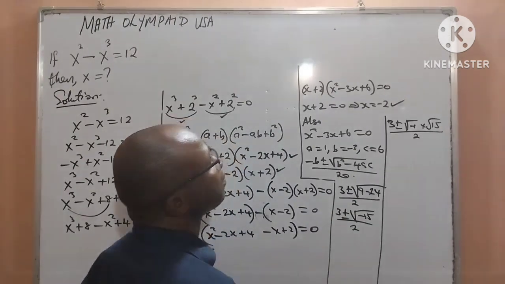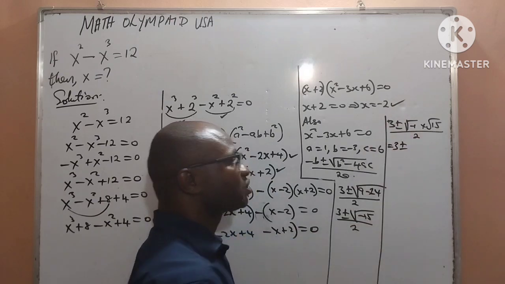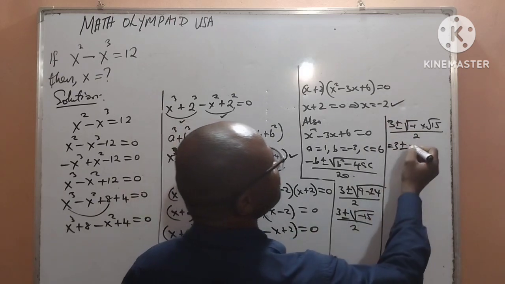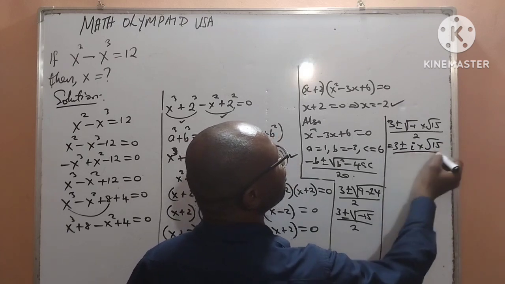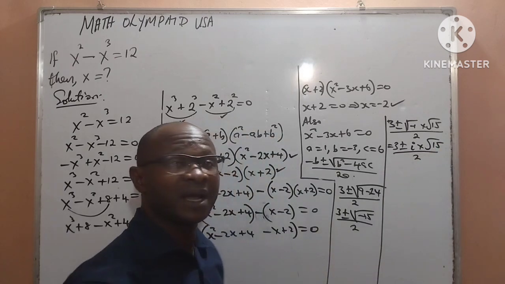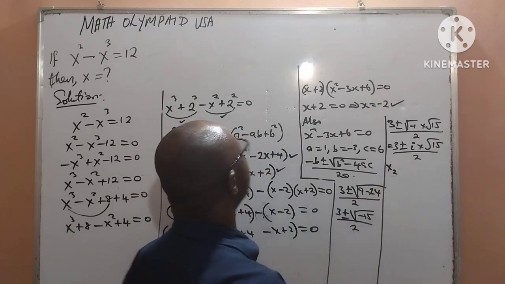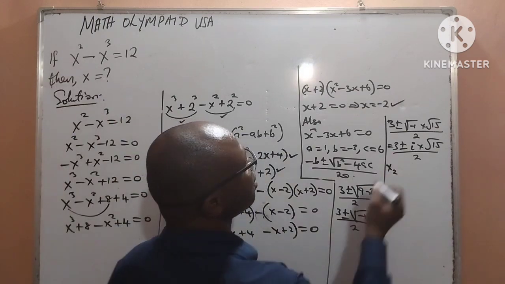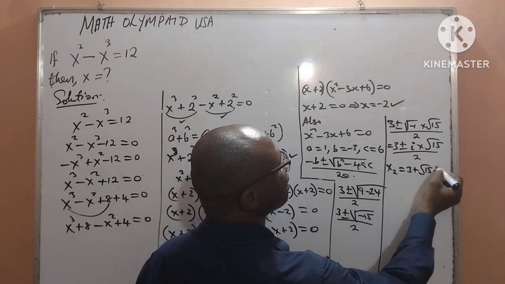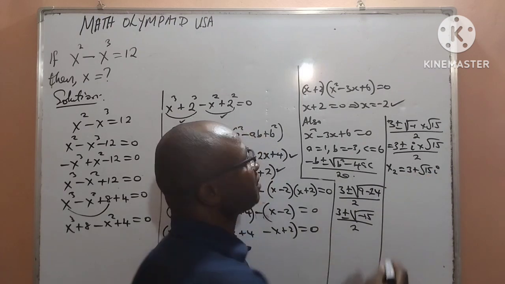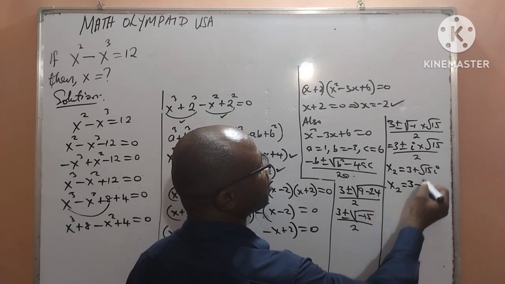Okay? Therefore, square root of minus 1 is the same thing as i, multiplied by the square root of 15, all over 2. So invariably at the end we can now say that the second value of x will be equal to 3 plus the square root of 15i, all over 2, while the third value of x will be 3 minus the square root of 15i, all over 2.